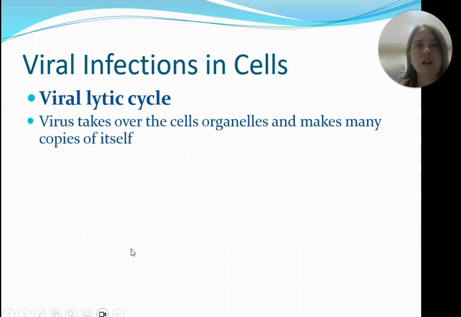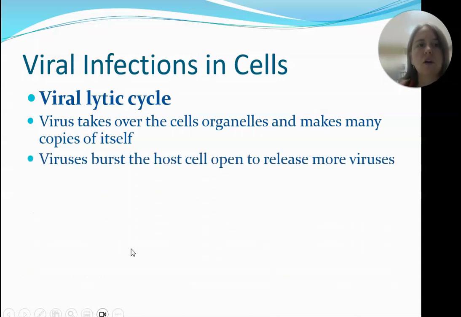There are 2 types of cycles. You don't have to write this down, but do pay attention. There's a lytic cycle, where the virus takes over the cell organelles and makes many copies of itself, and then it actually bursts open and releases the viruses, and that cell is now dead, and the viruses will go and infect other cells.